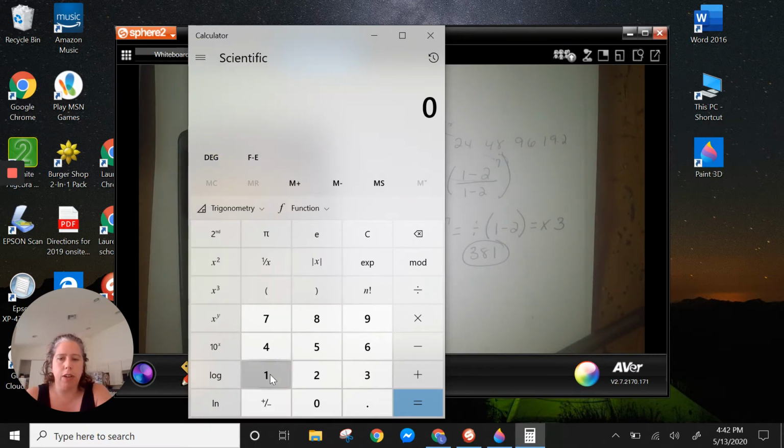So we're going to go 1 minus 2 raised to the 7th power and hit equals. Then you divide it by parentheses 1 minus 2, close the parentheses, make sure you have your parentheses in there so you can see it right up here, and hit equals. Then we times it by 3, and I get the same answer.